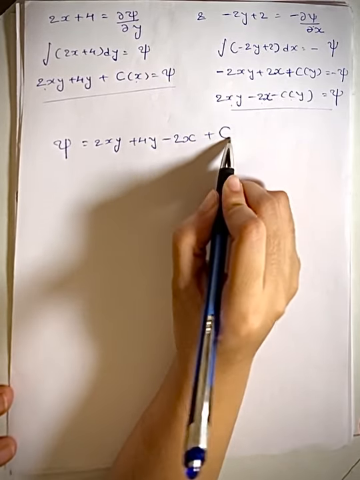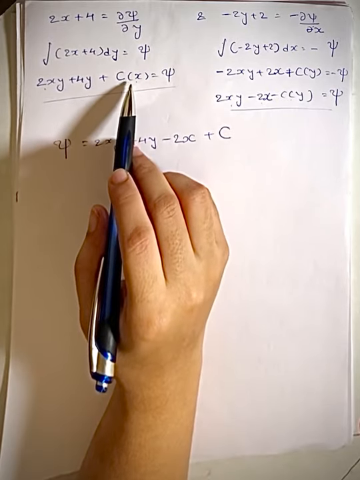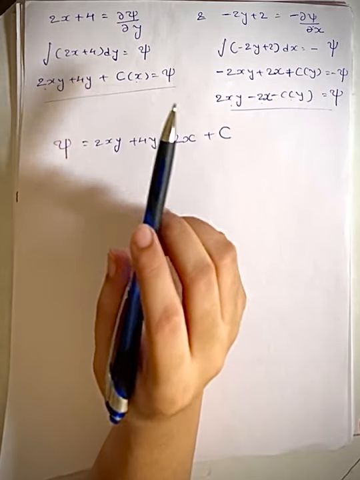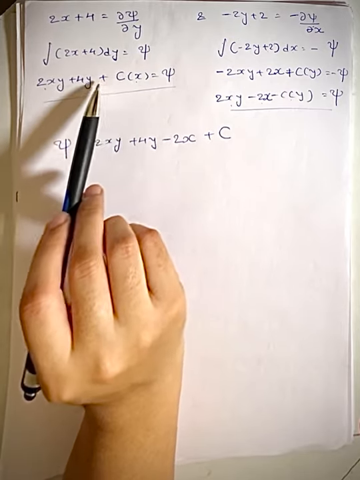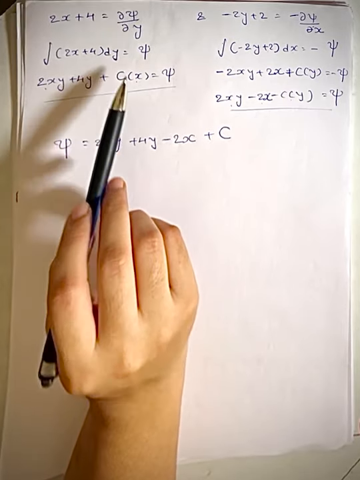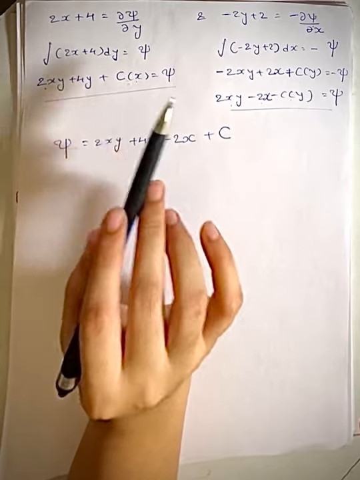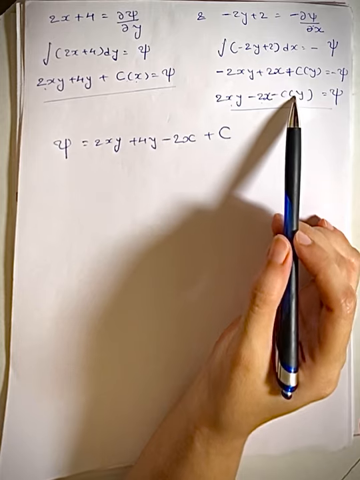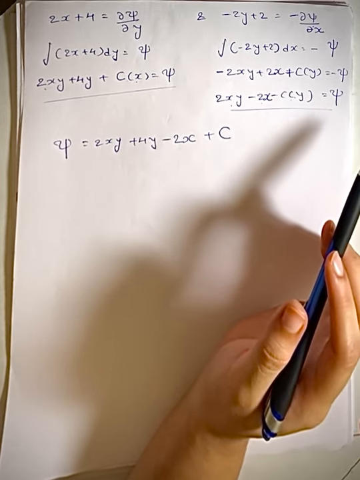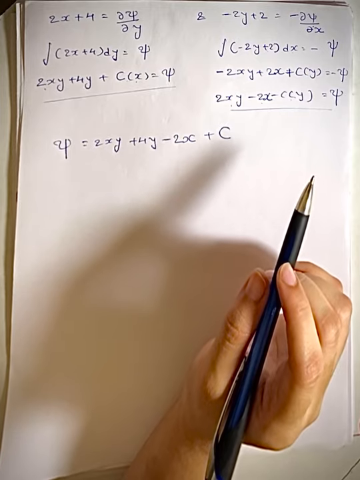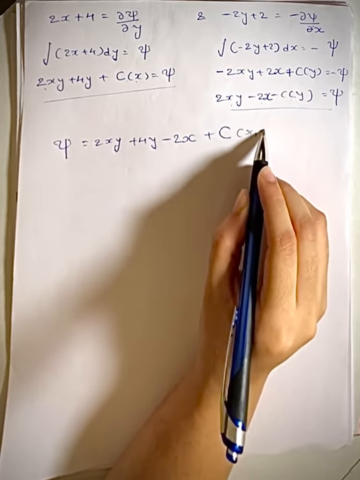So we will put some constant now. Okay, so this was not a constant. If I used the word constant, I correct myself: when you integrate with respect to y, you have a function of x as the constant term, and here you have a function of y. So then we'll have this, and the c will be a constant.